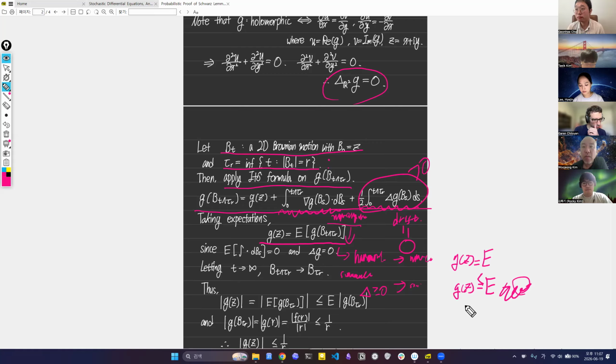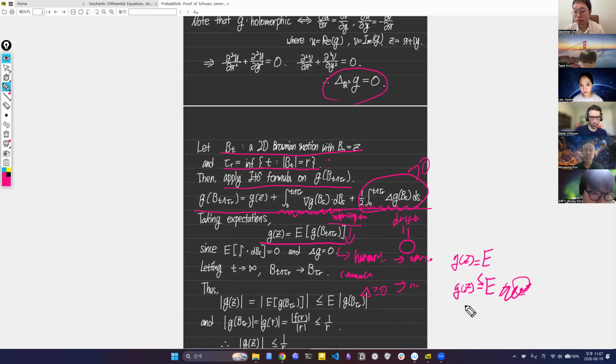So we can get the inequality from subharmonicity or harmonicity like this in the probability method.